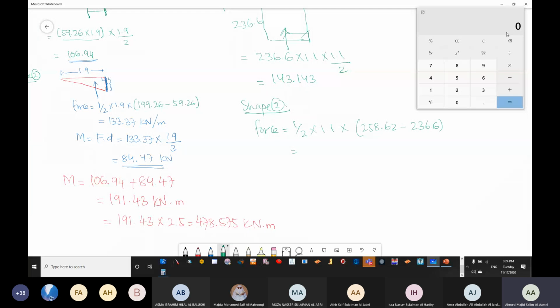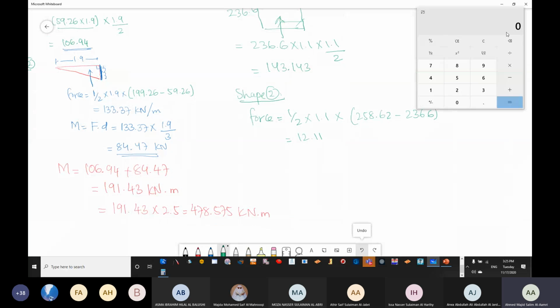The answer of the force, 12.11, whatever is the value.